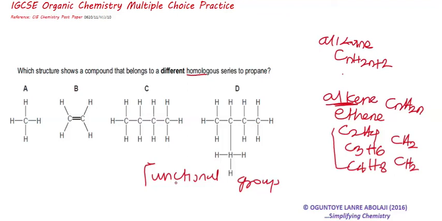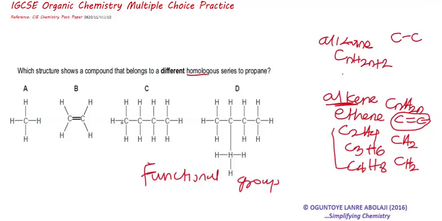So members of a particular family have the same functional group. All alkanes have a carbon to carbon single bond. All alkenes have a carbon to carbon double bond. That's the functional group.